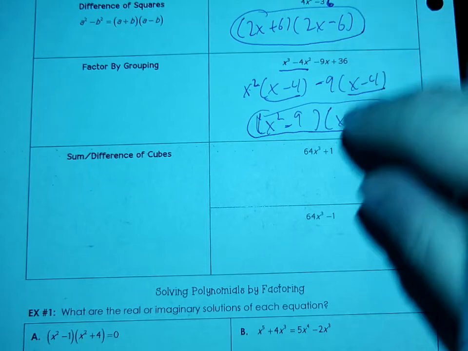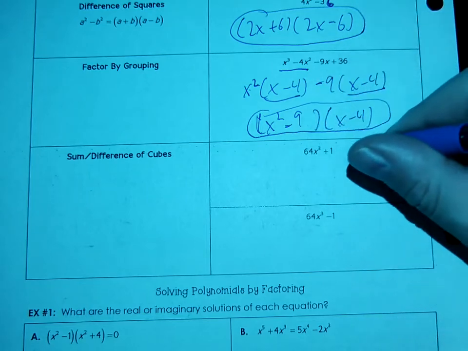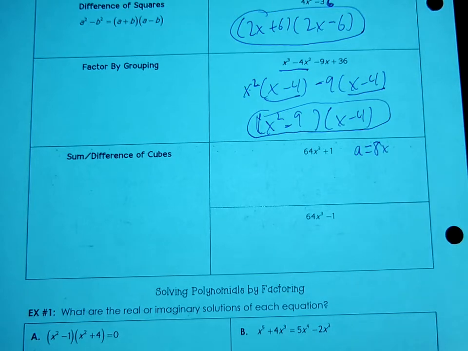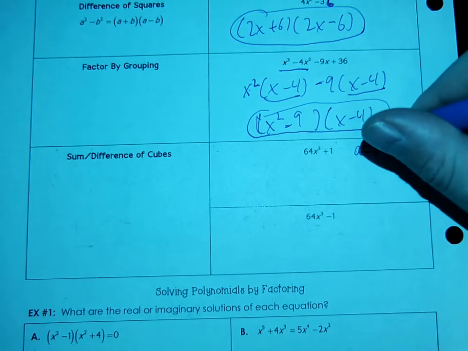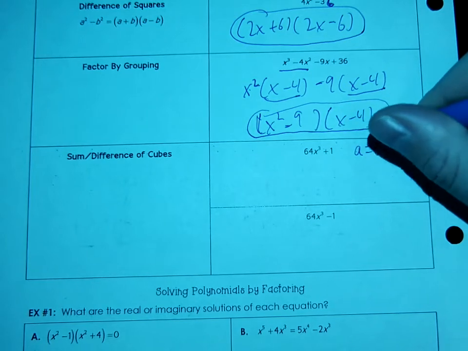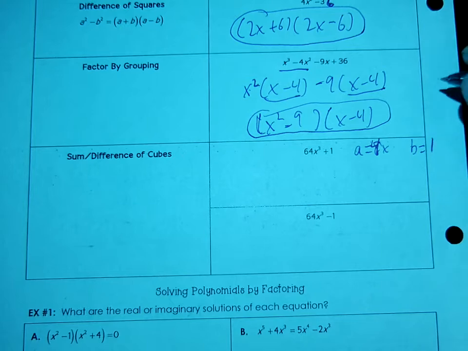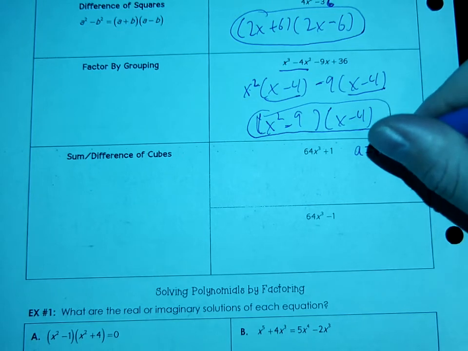And then the sum and difference of cubes that we just talked about. So on this particular one, a is equal to 8x. No, that's the square root of 64. 4x. And b is equal to 1. So again, we're going back to our new formula today on the front, this one right here, sum of cubes.